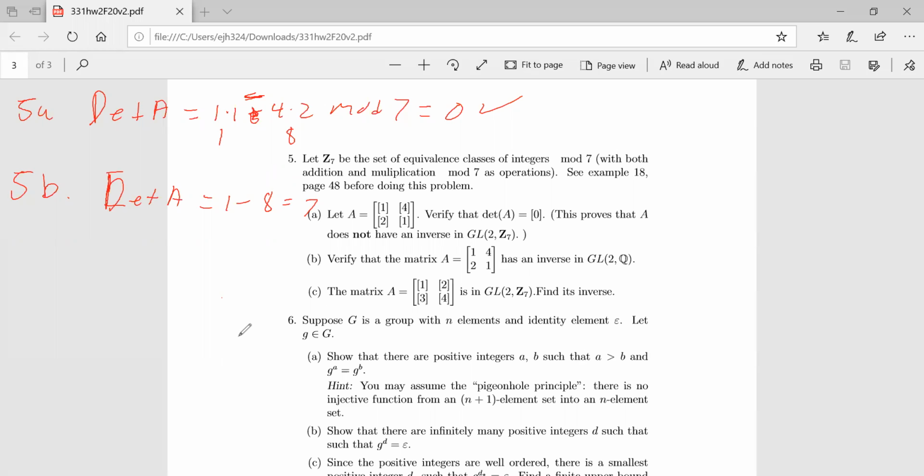It says it's GL2Q. Do we still do the mod 7 or not? Well, the 2 is just saying it's a 2 by 2 matrix, I think, right? Yeah, but you know how in part A it's mod 7, and this one's in the rationals. So we don't take the mod 7 in part B, right? Well, yeah, you shouldn't be doing mod 7 in part B.